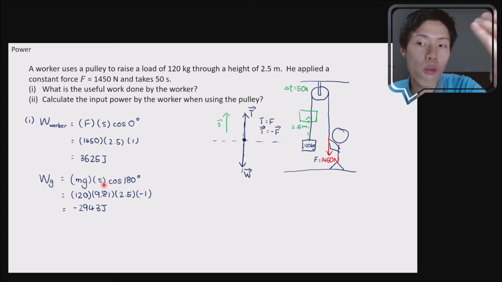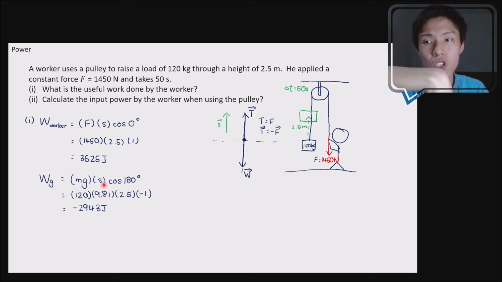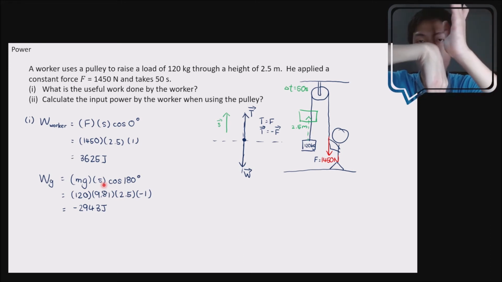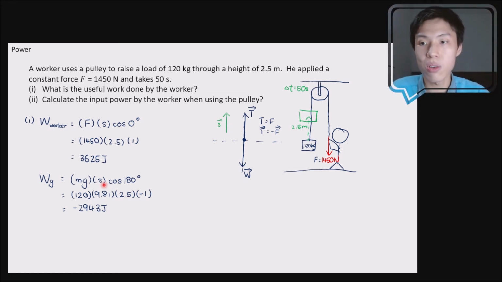The worker is overcoming the gravitational force because gravitational force is opposing the motion. The worker exerts a force to oppose the weight in order to pull the object upwards. That's why the work done by worker has a greater magnitude compared to the work done by gravity.